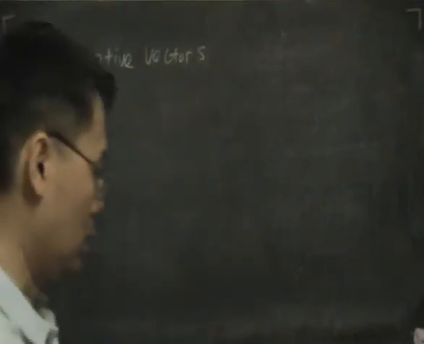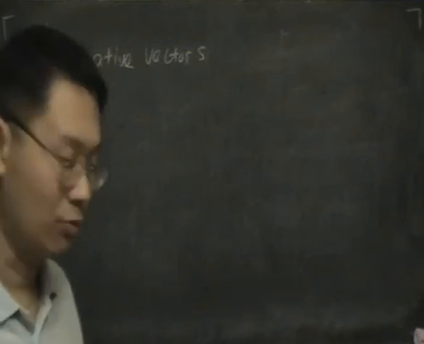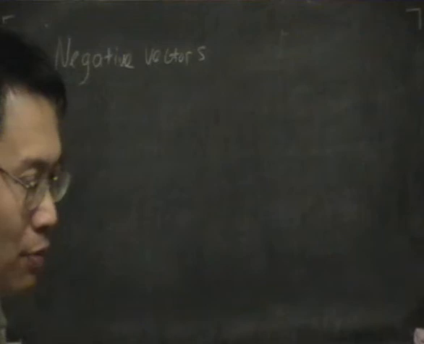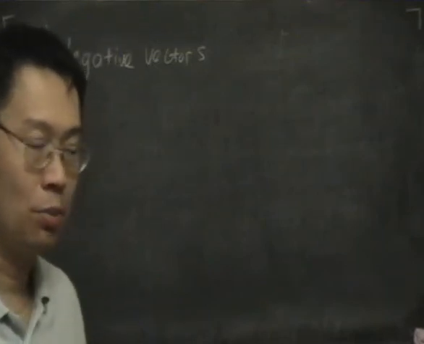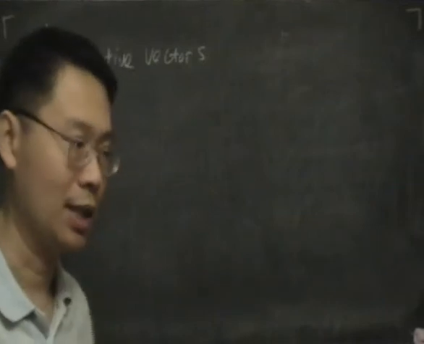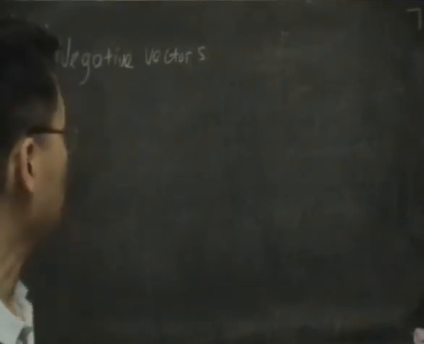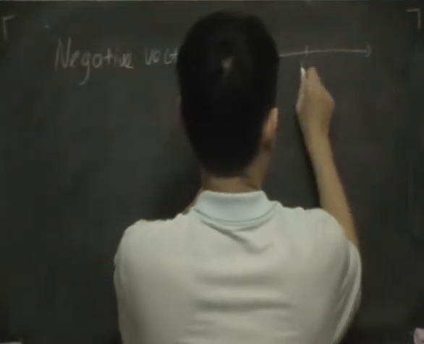Right, next, I'm going to talk about the idea of negative vectors. Now we know what negative numbers are. If you have the number 2, for example, you can talk about -2. That's a negative number. And you can imagine drawing -2 on a number line. For example, I have a number line there. That's 0.